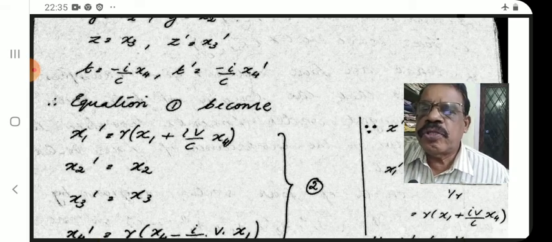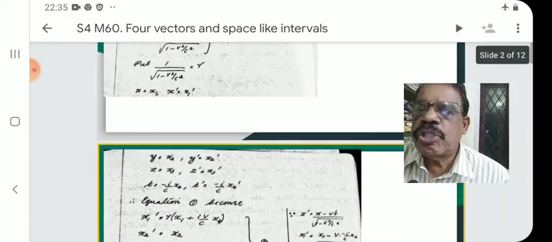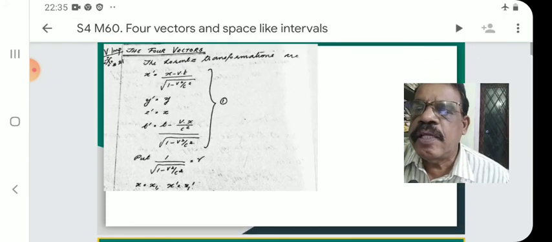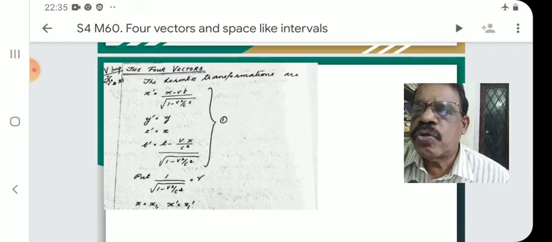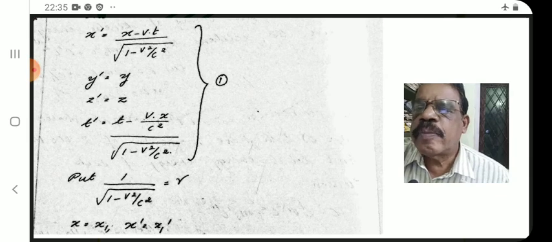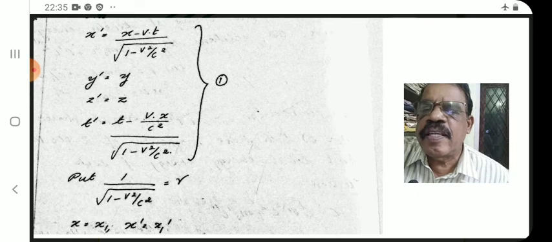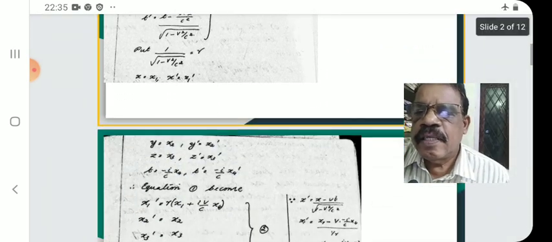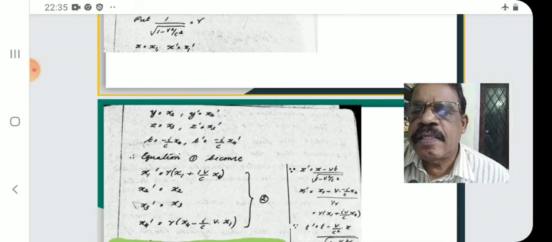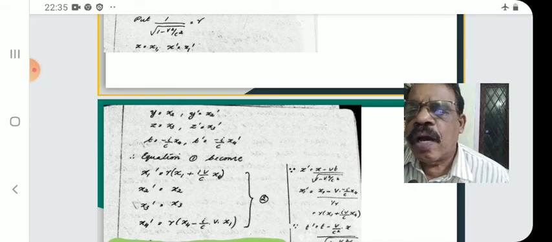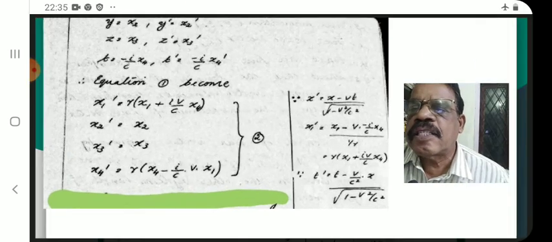What is the first equation? The first equation is x dash is x minus vt by root of 1 minus v square by c square. In the place of x dash we write x1 dash, in the place of x we write x1, and t is equal to minus i by c x4.